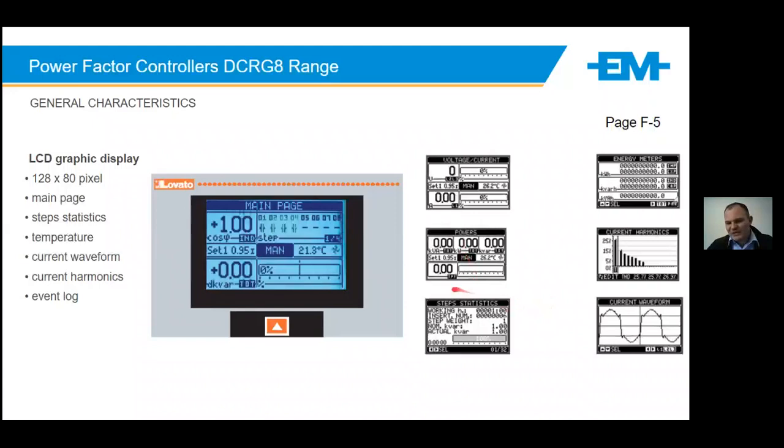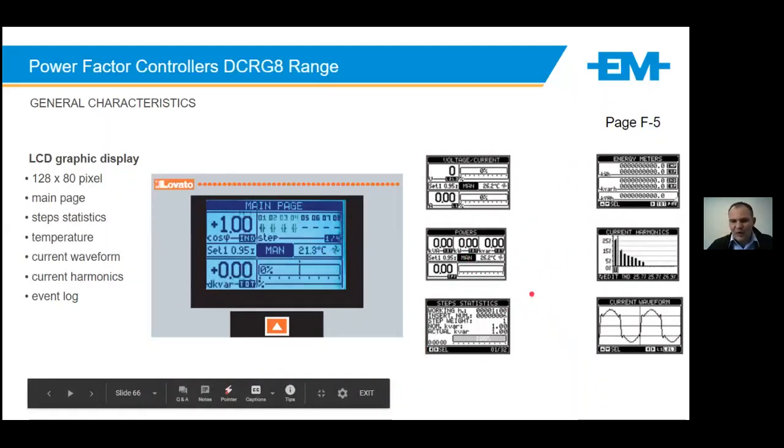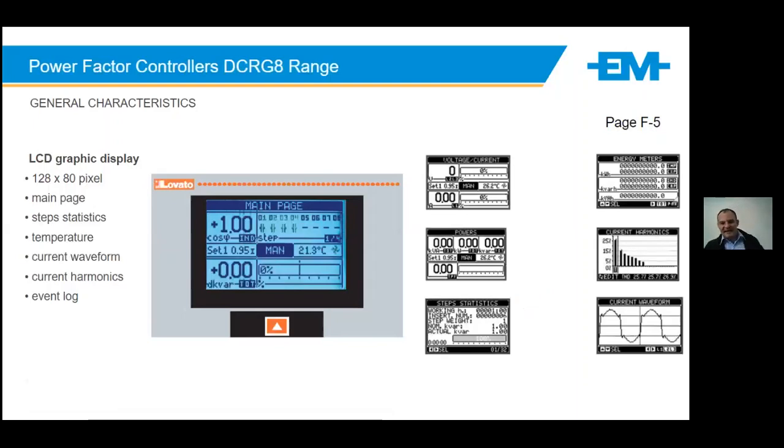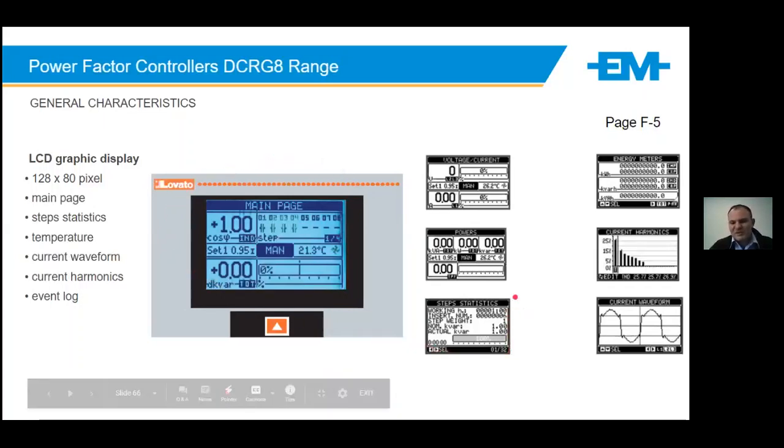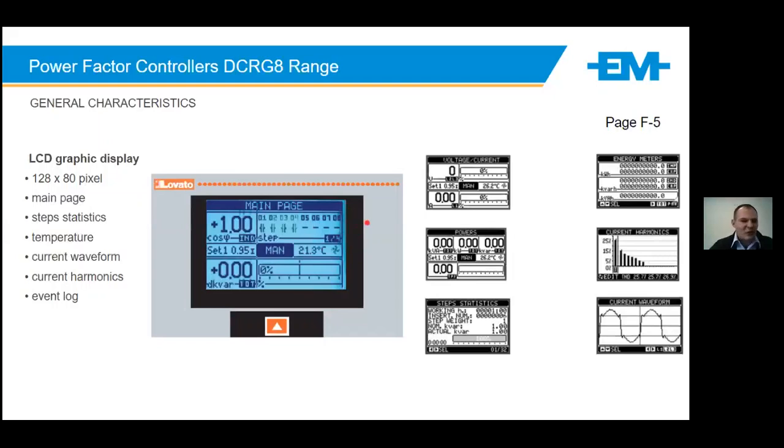Also, you can see step statistics, quite important, to see how many times that step has been brought in for maintenance purposes, maintaining your contactors and so forth. Again, interval service alarms could be set up. So if I reach a specific running hours or working time, I can put the system into a maintenance mode and flag for maintenance.